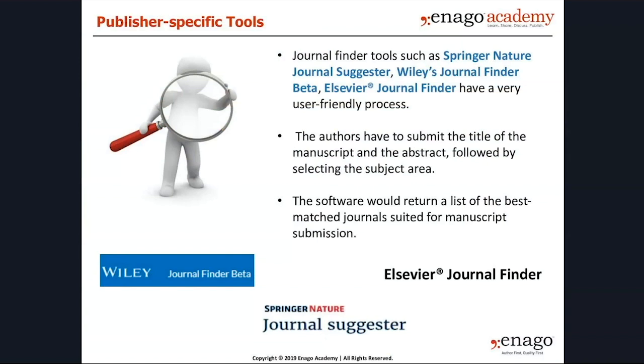But there are also publisher-specific tools as well that you can use that will only search that one publisher's platform. So Elsevier have had their journal finder around for a while. Springer have got one, and Wiley have just started their own one as well. Now the Elsevier one actually does provide turnaround times for the results in there, showing you the turnaround times for the journals and the production times as well.